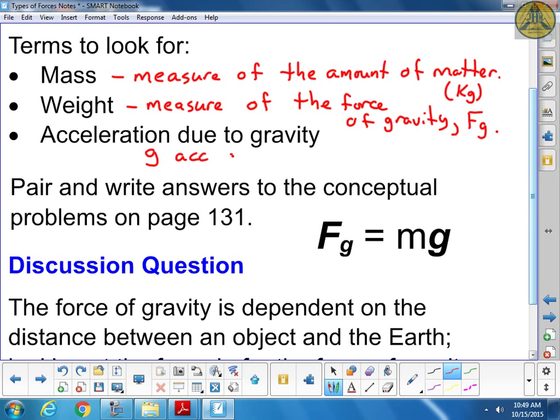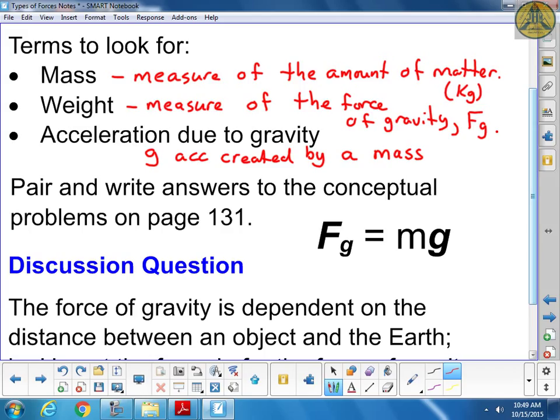So we only concern ourselves with acceleration from large objects like the Earth or the Moon or a planet or the Sun, right? The acceleration between any two of you isn't even measurable, let alone the calculation would give you an extremely small number. So its units are still meters per second squared.